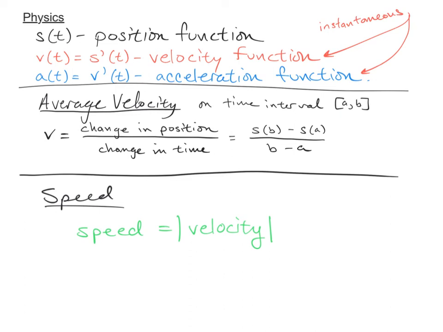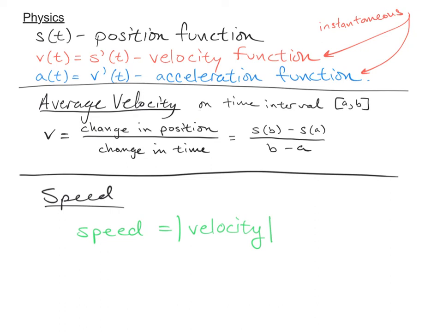And one thing that you want to know about these velocity and acceleration functions is that they are instantaneous rates of change, which means they tell you exactly what's happening at a single point in time. The next bit of information down here is the average velocity.